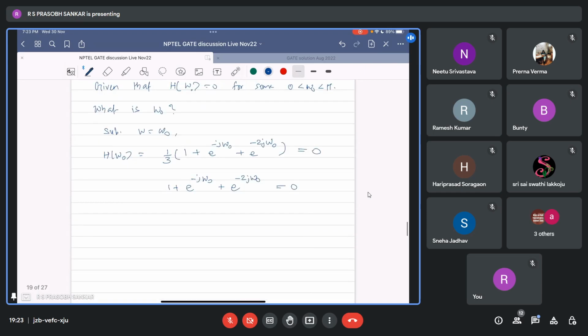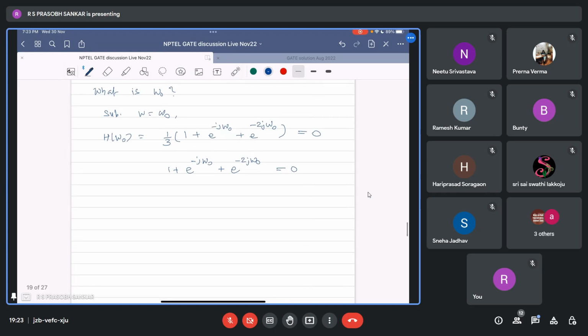So how do we do this? This is not a linear equation, so the usual way of taking one to the left and one to the right we can't do here. So how do we solve it? We can solve it like this. Take e raised to minus j omega naught common. There will be 1 here, so this is e raised to plus j omega naught.